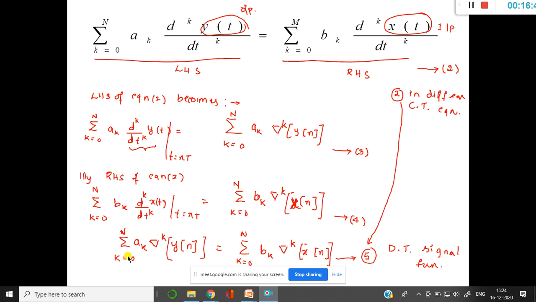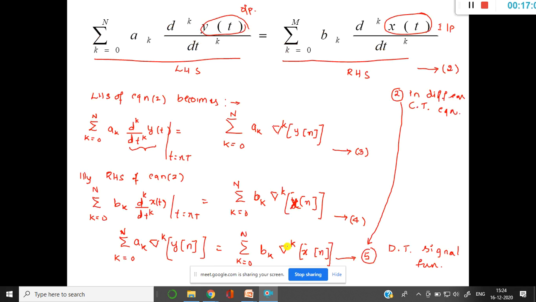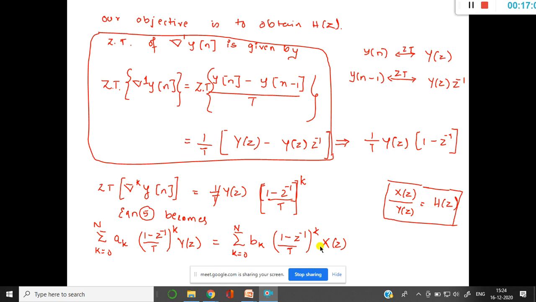So this is the equation number 5 here. This I am trying to represent with a z transform, equivalent z transform of delta of k to y of n. And similarly on the RHS side, I am trying to apply the z transform for delta of k x of n. So that is how we try to represent here.